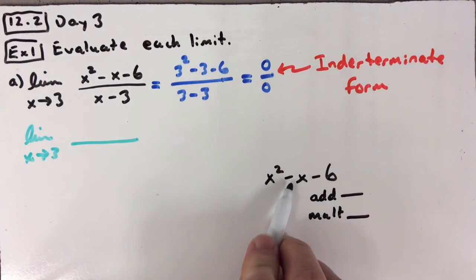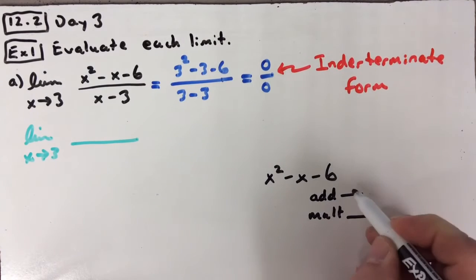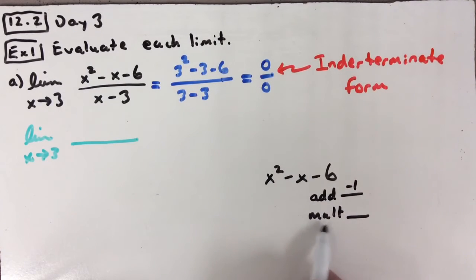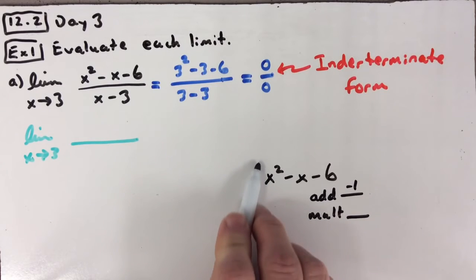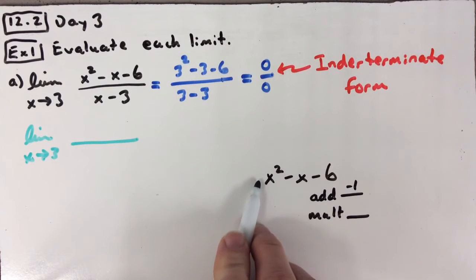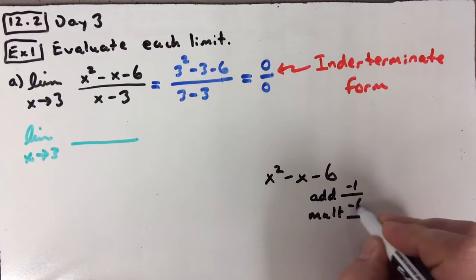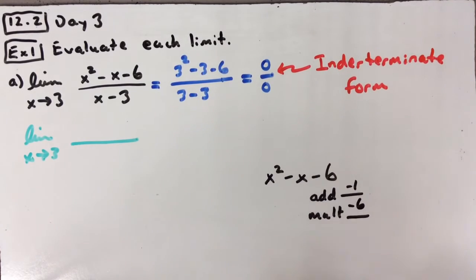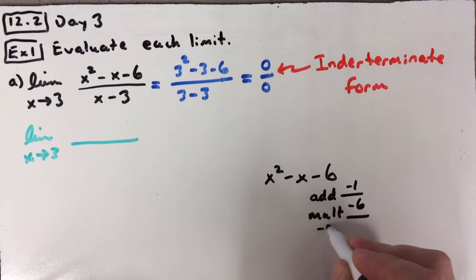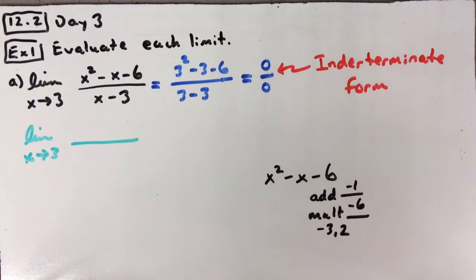We're looking for 2 numbers that add to be the coefficient of this middle term, which is a -1, and multiply to be the lead coefficient, which is this invisible 1 in front of the x squared, times that last term, and 1 times a -6 is -6. If I can find 2 numbers that fit that pattern, then this is factorable. There are 2 numbers. They are -3 and 2. And best of all, because we do have a 1x squared, I can use our shortcut.